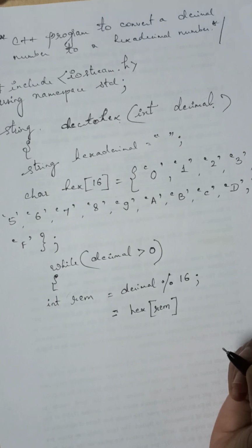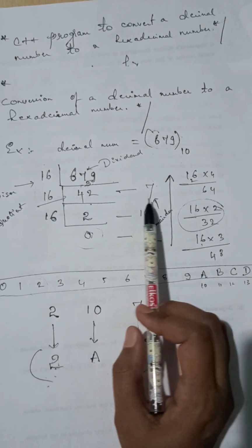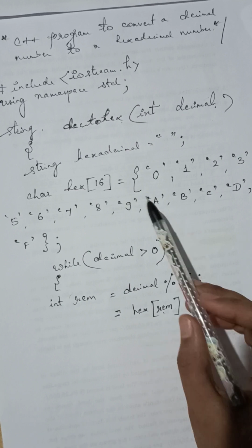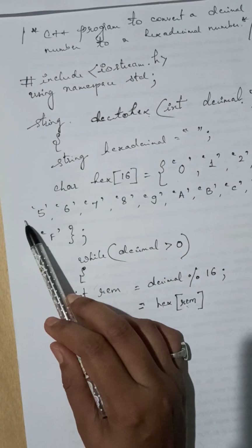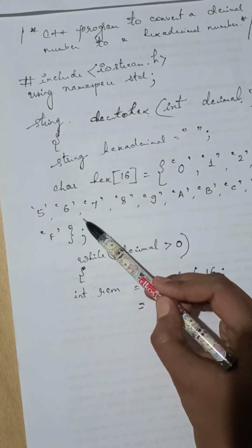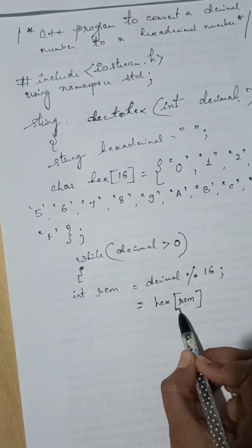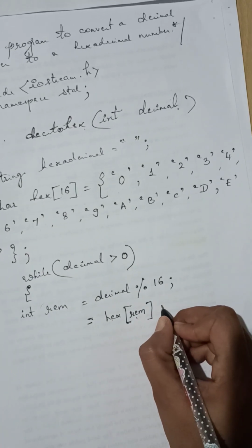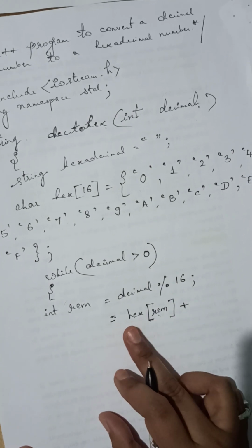Suppose, what is our first remainder? Once we divided 679 by 16, we got the remainder as 7. So hex of 7. What is hex of 7? Start from here: 0, 1, 2, 3, 4, 5, 6, 7. Hex of 7 is the same digit 7. So that will be your value. Okay, so now we will concatenate it. See here, hex is a character array.